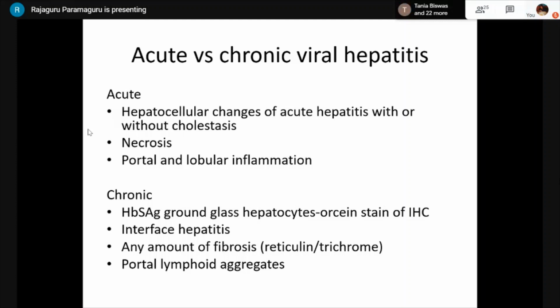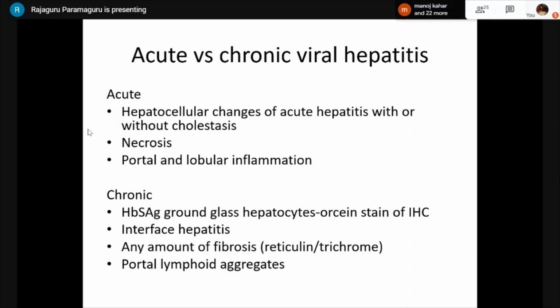The inflammation can be portal and lobular. Whenever there is a portal inflammation, the inflammation might spill over into the lobules. So one might get confused whether it's an interface hepatitis or not. In certain cases, it is very difficult to differentiate, and we will have to rely on the clinical parameters.